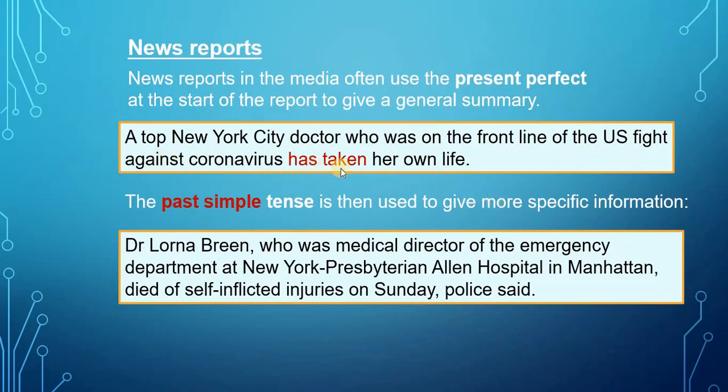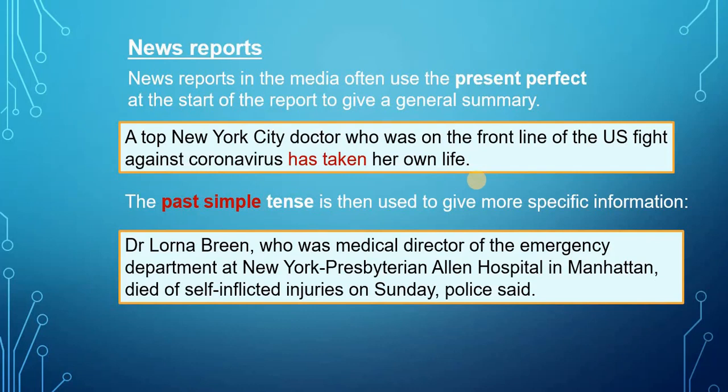This is an example article in the newspaper, the beginning of an article. You can see we use the present perfect to give a general summary of the news.